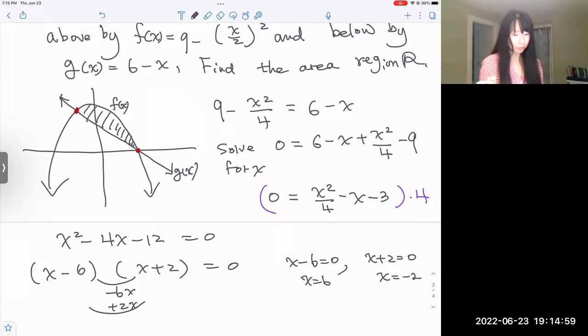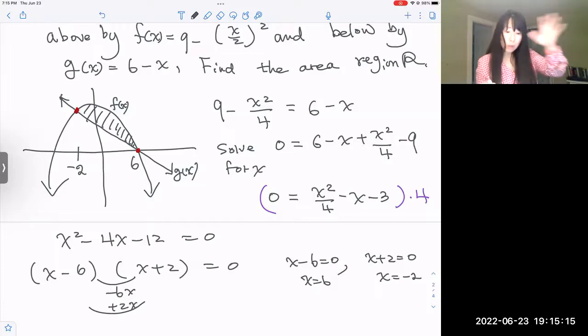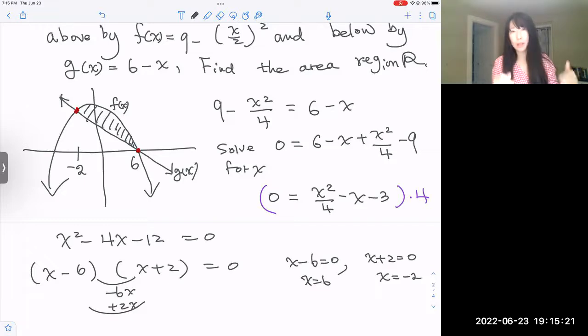So look, this will be x equal to negative 2, and this will be x equal to 6. Now we know the top one is the parabola opening downwards, which is f of x, and the problem says bounded above by it.